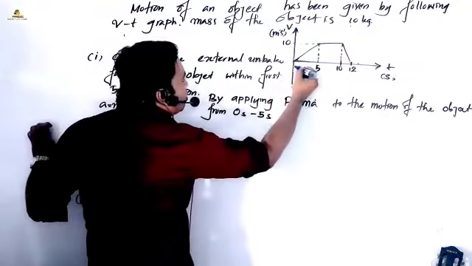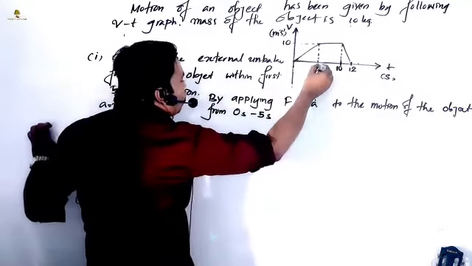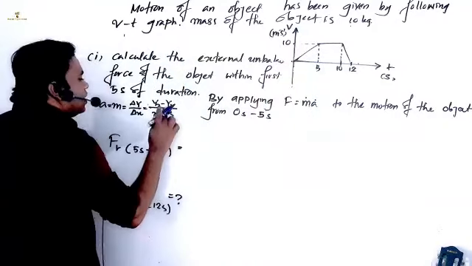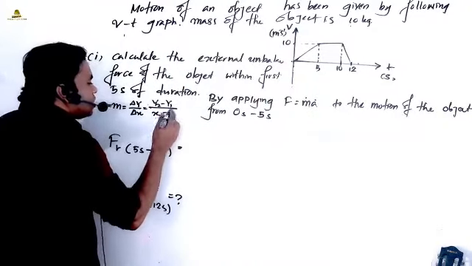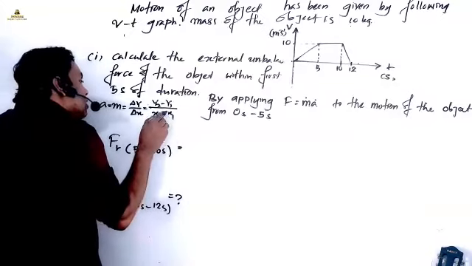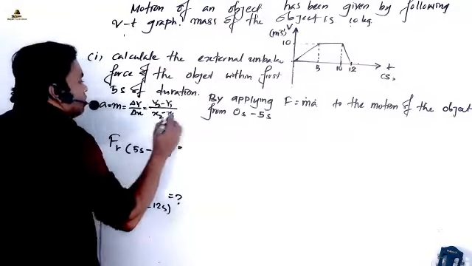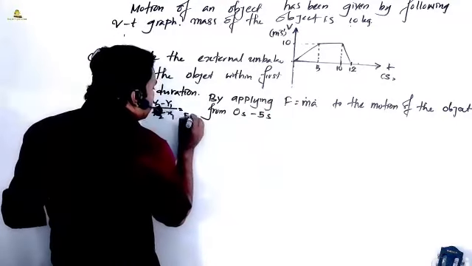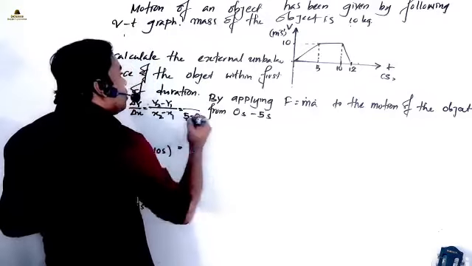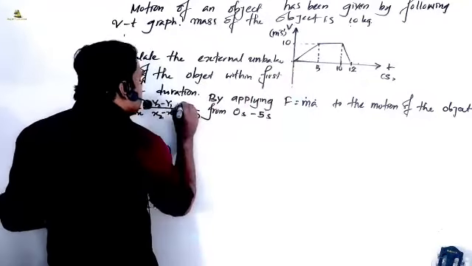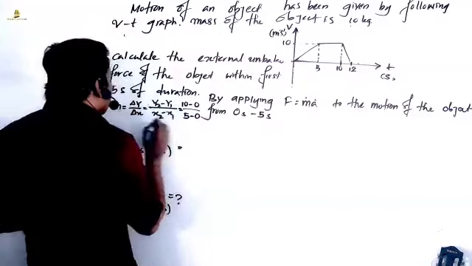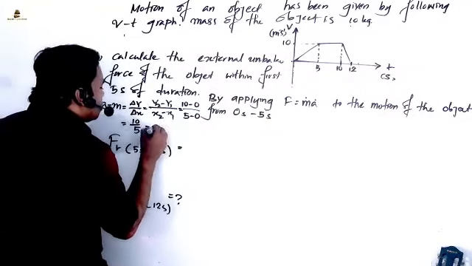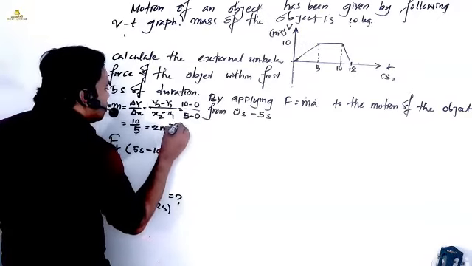When x changes from x1 to x2, y changes from y1 to y2. Therefore, to take the change, you have to subtract the initial value from the final value. So you can see change of x is 5 subtraction 0. Corresponding y values 10 subtraction 0. Then the answer is 10 over 5. So that's 2 meters per square second.